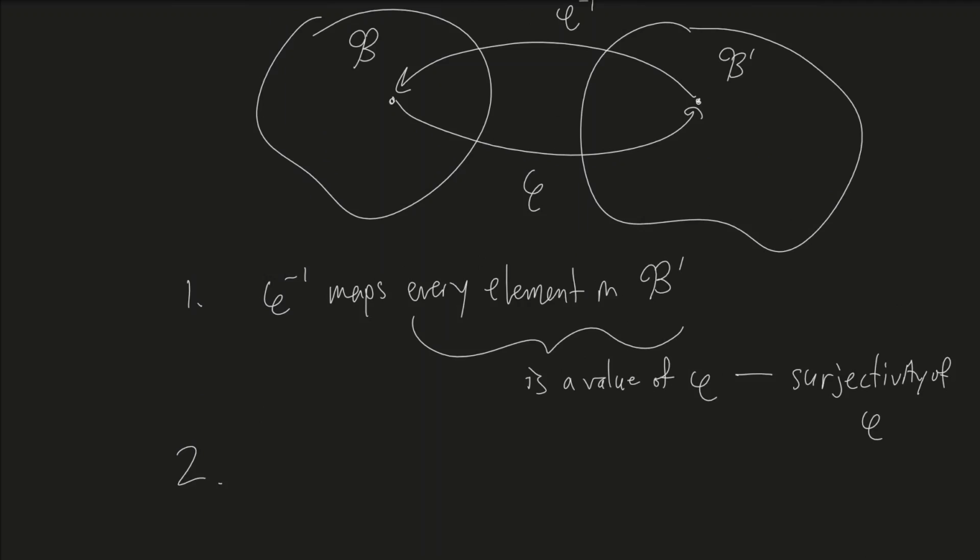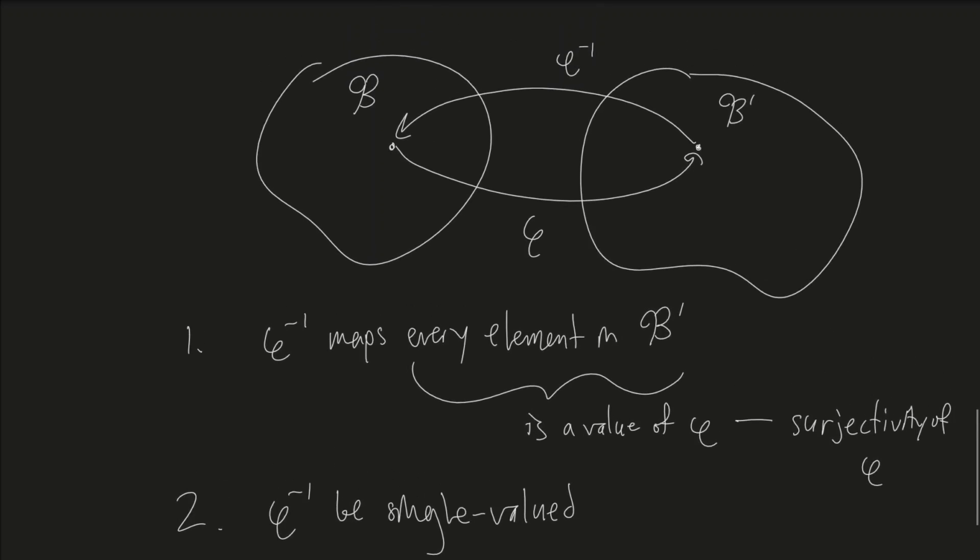Okay, what about our next rule? Well, our next rule for well-definedness is that phi inverse must be single-valued. In other words, it cannot be multi-valued. Well, what does it mean for phi inverse to be single-valued?